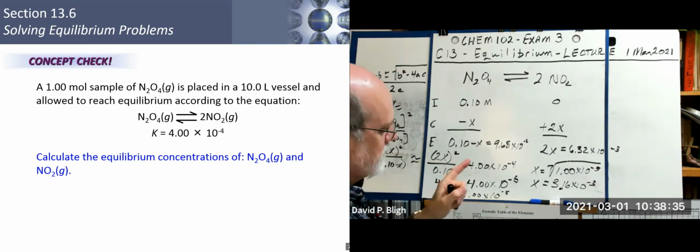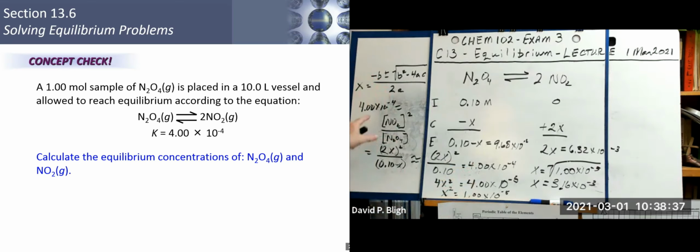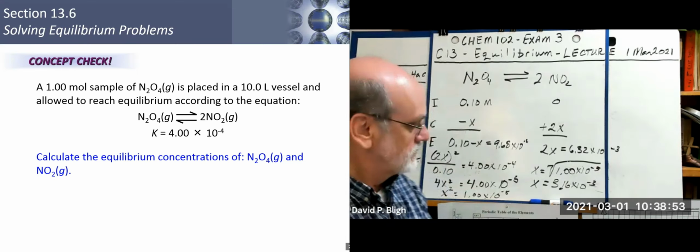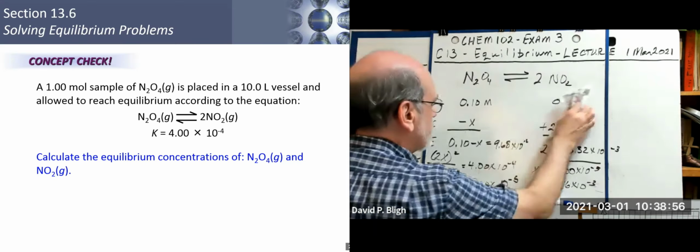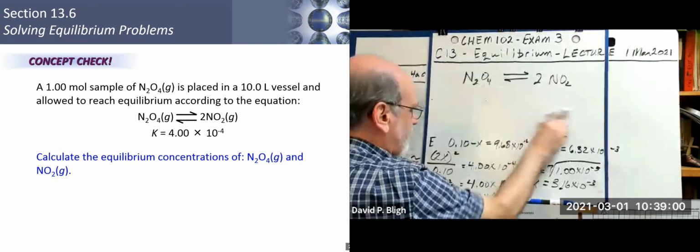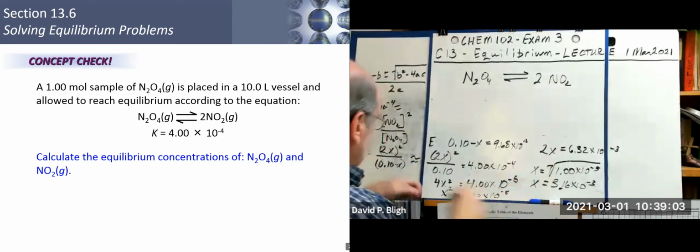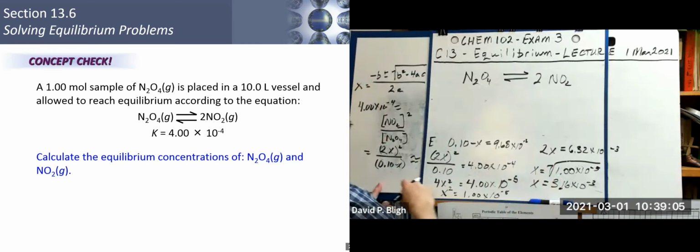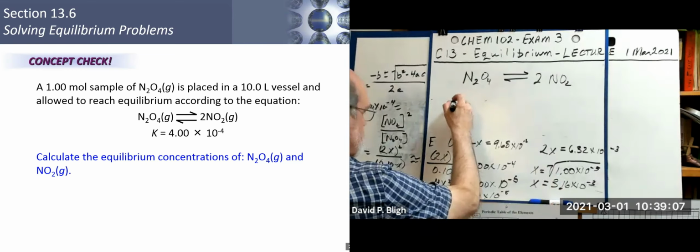So what you do is you take this expression here and you plug in that x value here and here, and you calculate that and compare it to the accepted k value. Right. So I'm going to have to erase this.